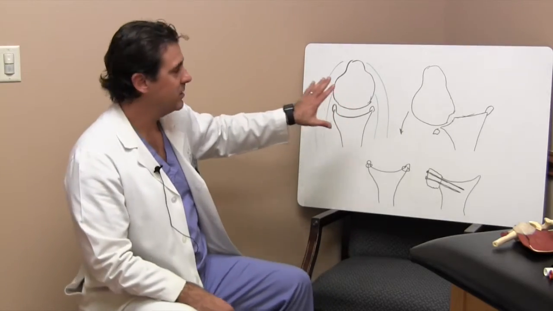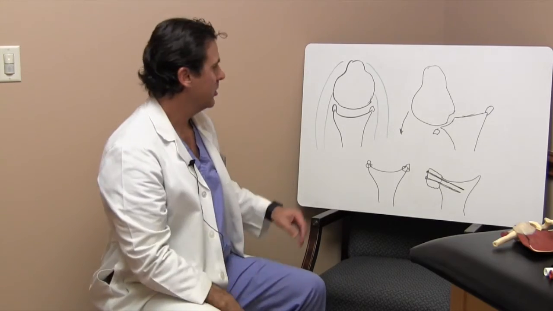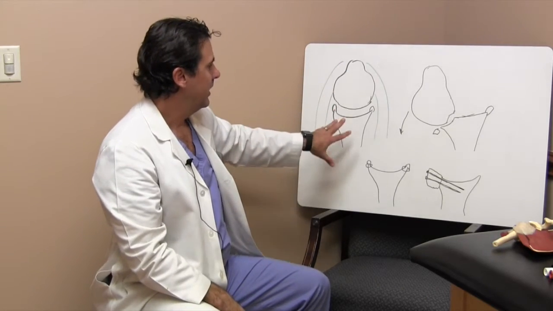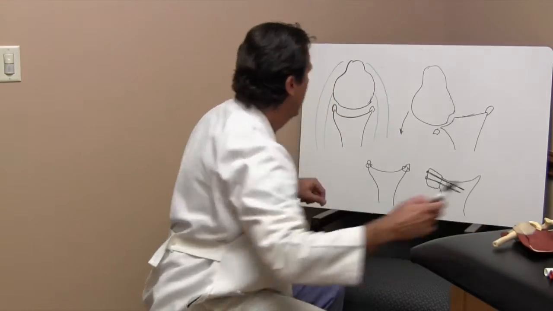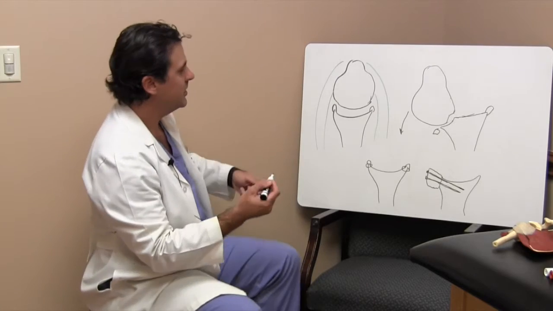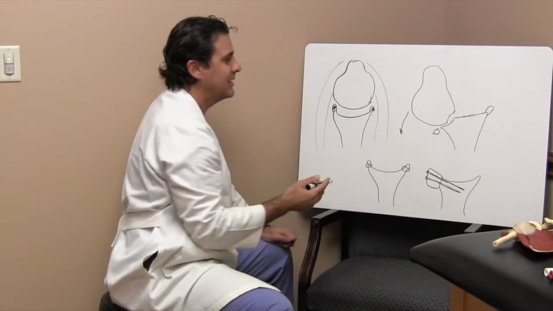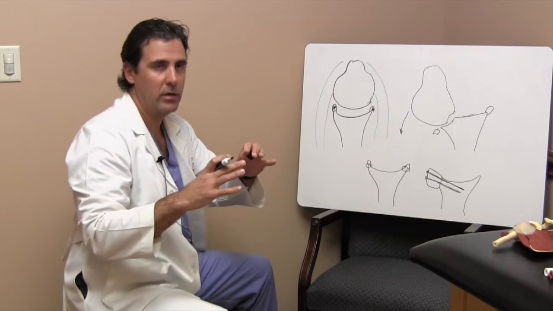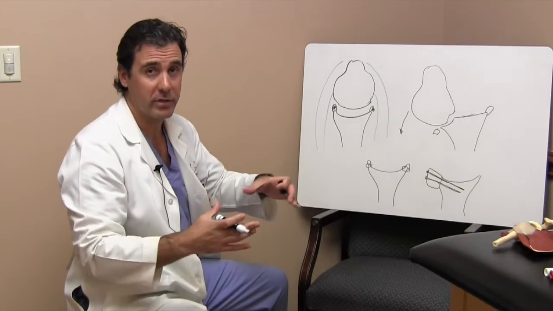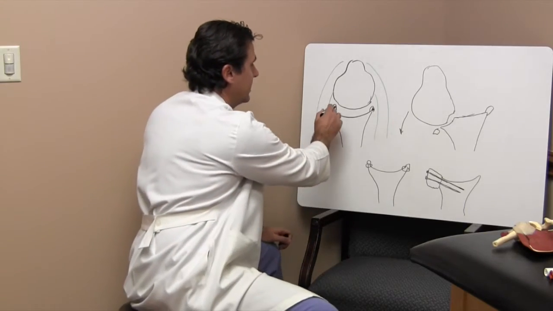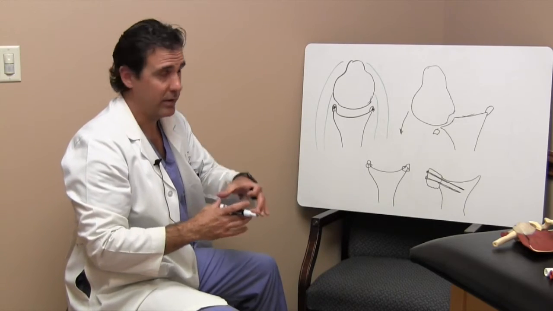So once again, this is looking at the shoulder from the top down. If you had a camera looking down at the shoulder joint, here's the ball, here's the socket, this is your golf tee right here, and this is what's called the labrum. And the labrum is really like an O-ring around the socket, okay? So it gives it a little bit of a bumper. It's a bumper basically, and it sits all the way around that socket of the glenoid.